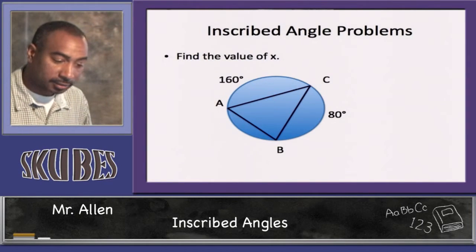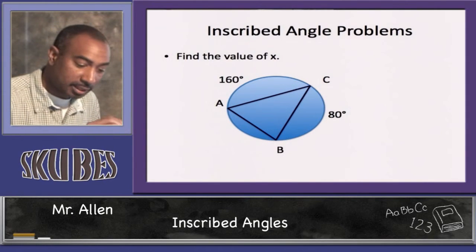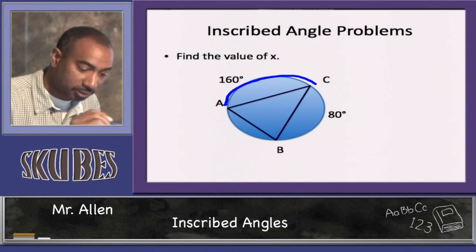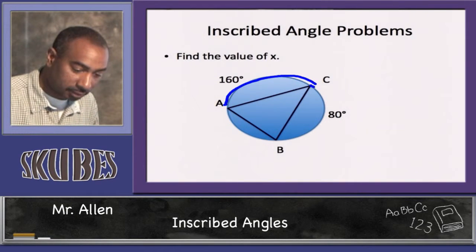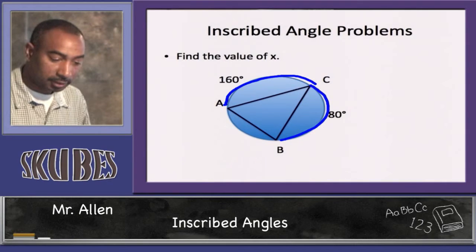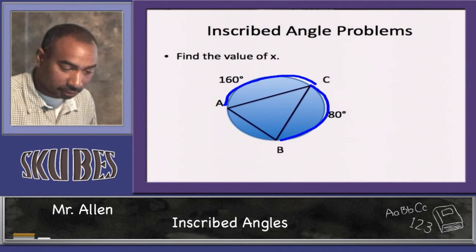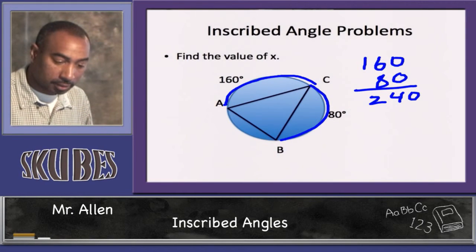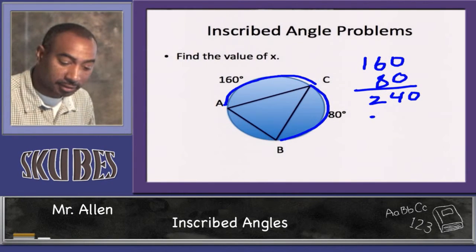Find the value of x. We're given that this intersecting arc, arc AC, is 160. Arc BC is 80. So what you want to do is add those together. You should get 240. You're going to take this and subtract that from 360.